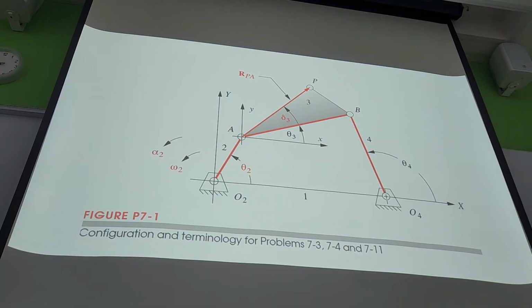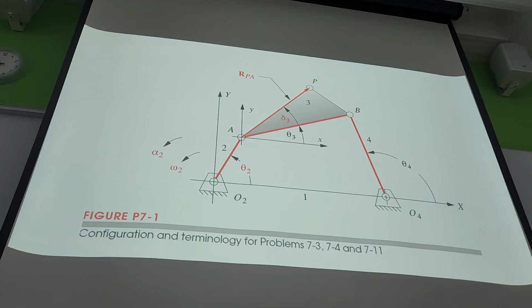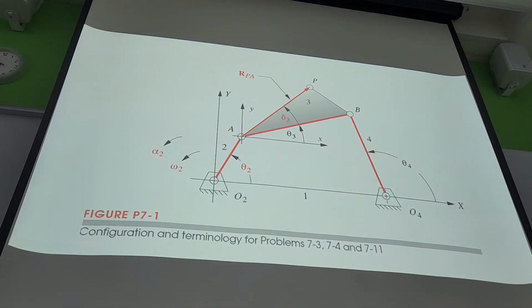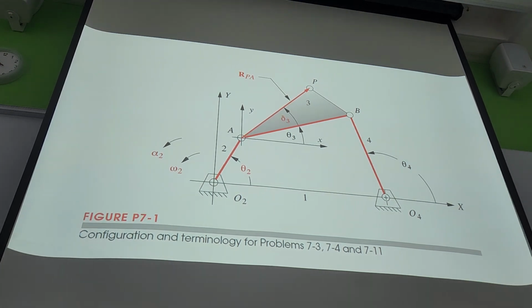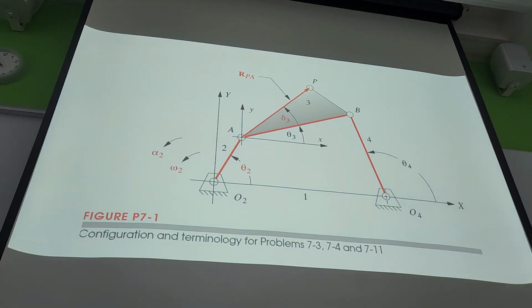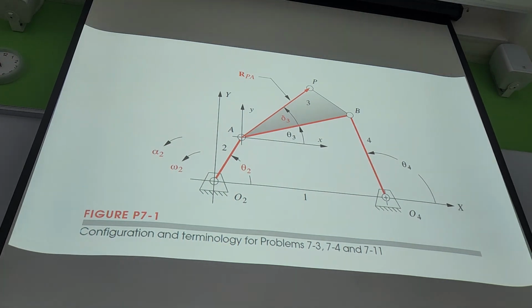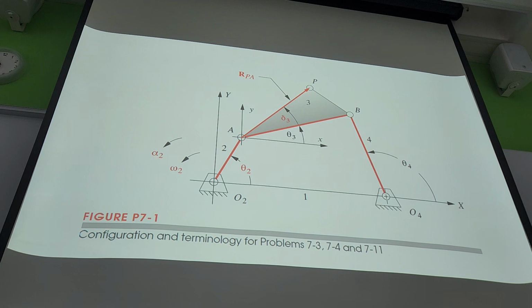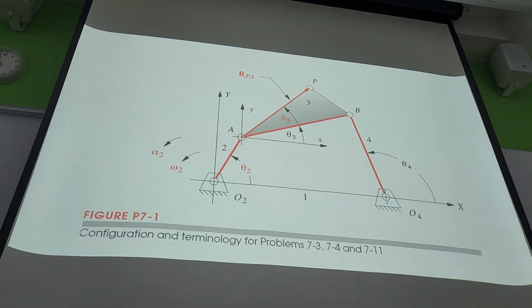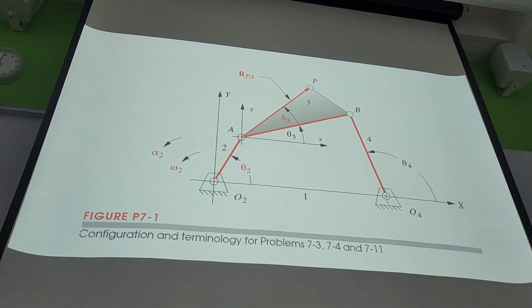So if you want to start, you need to calculate the velocity of point B, angular velocity of link 3, angular velocity of link 4.